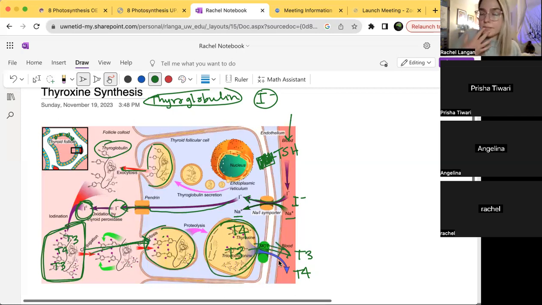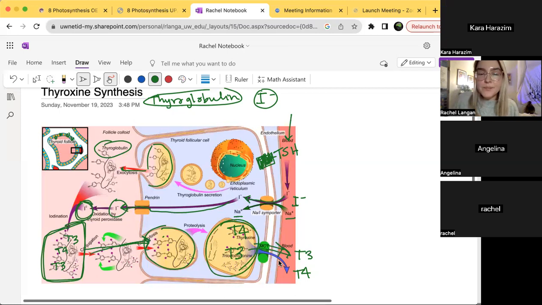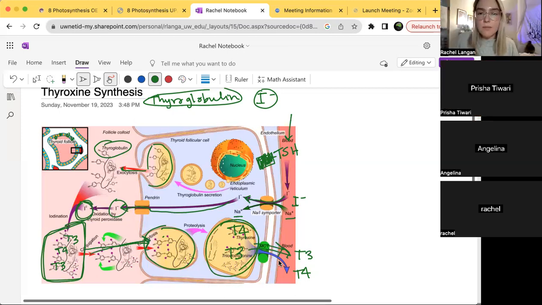Right, question? Can I see a question? Yeah. I just had a question about the iodine going into the lumen. Where does DuOX2 come in?